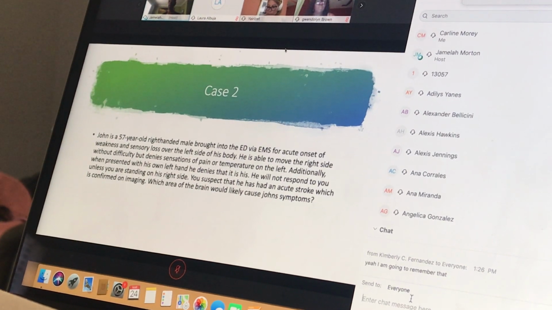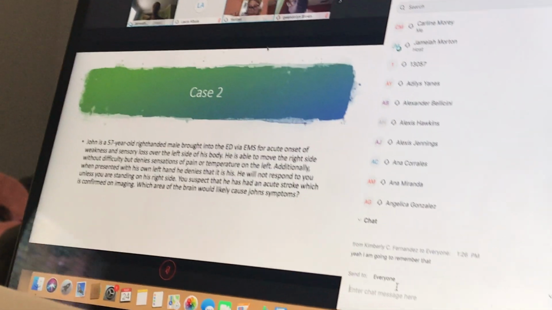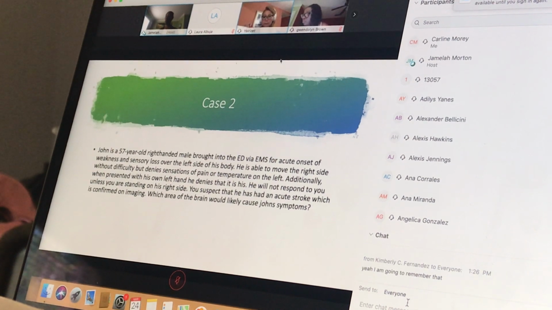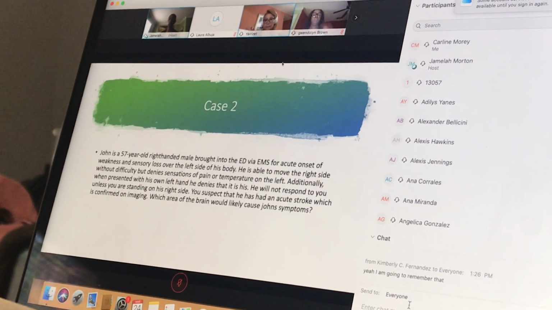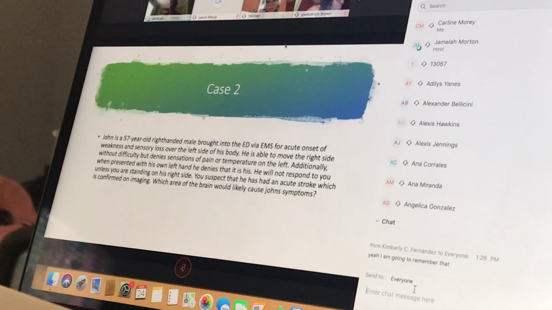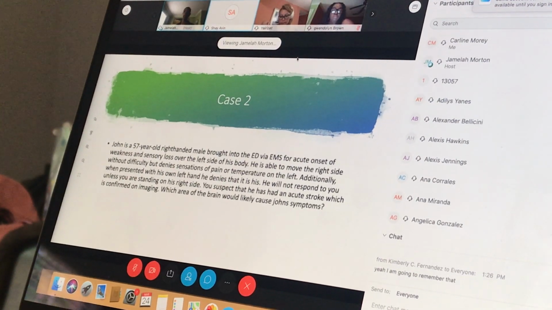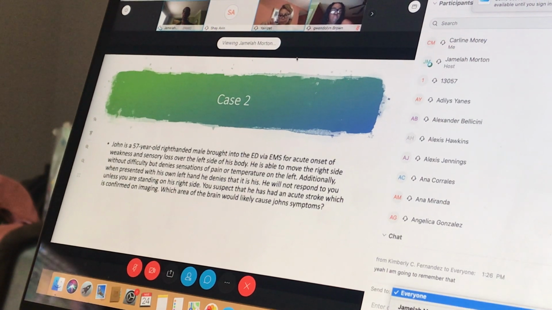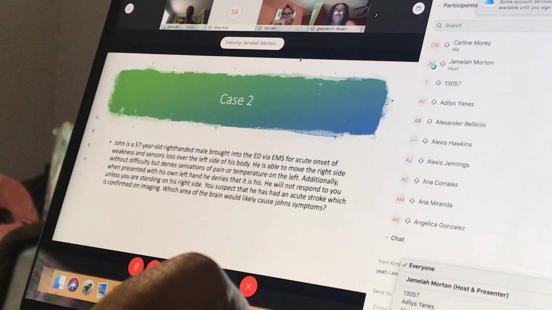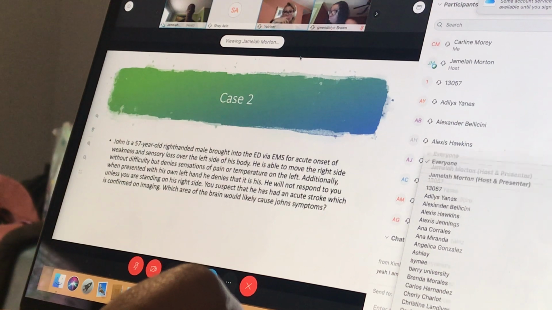Your inability to do that is called agnosia. So agnosia is the inability to recognize familiar objects. If I put a key in your hand, if I put a pencil in your hand, you're supposed to be able to take that key or that pencil and recognize what it is. The inability to do that is agnosia. And yes, that comes from your right parietal also.